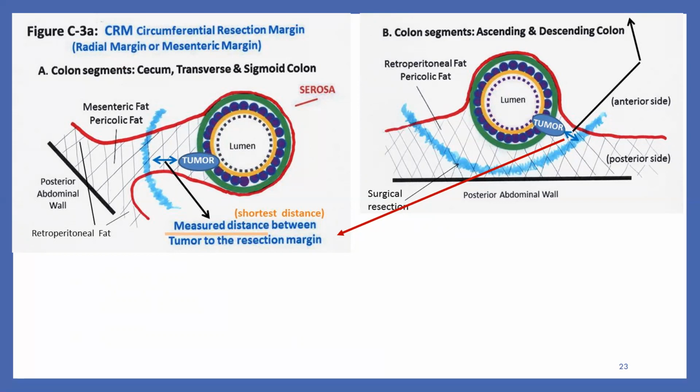In the pictures above, the surgical resection radial margin is the uneven, jagged, light blue line. So they've cut around this way, around the lumen of the bowel. Here's the tumor, and we are measuring from the edge of the tumor out to that circumferential margin.